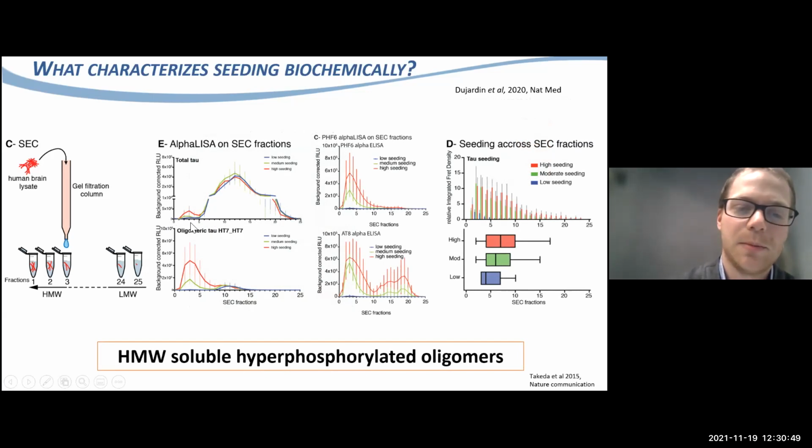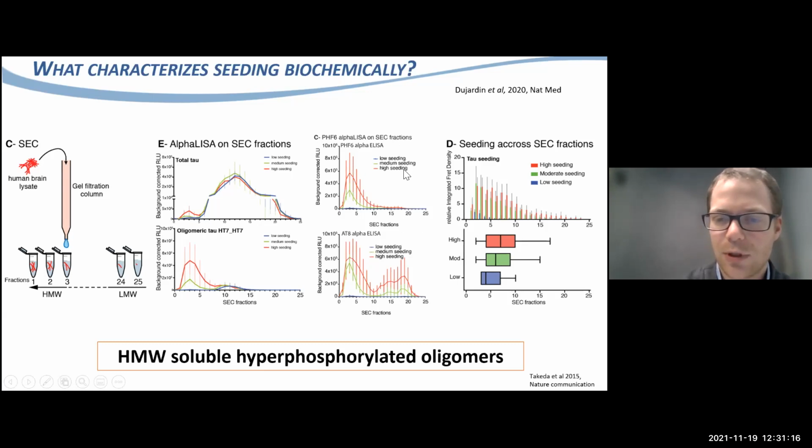But you have a slight peak here between fractions 2, 3, 4, which was interesting. Already you could see that the high seeders had a bit more. And when you do oligomeric tau, you can confirm that this oligomeric tau falls here. And you can see that the high seeder patients have way more of this oligomeric tau inside this fraction.